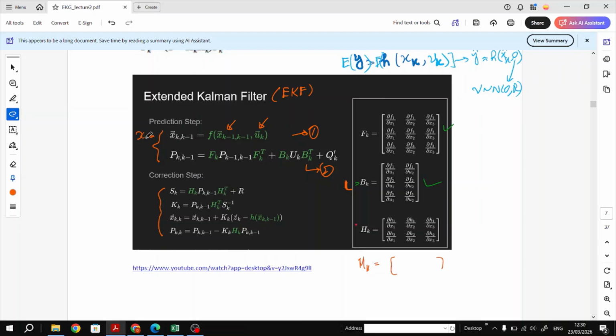You have 2 notations. You can write it like this, or in the previous way, as x hat minus.